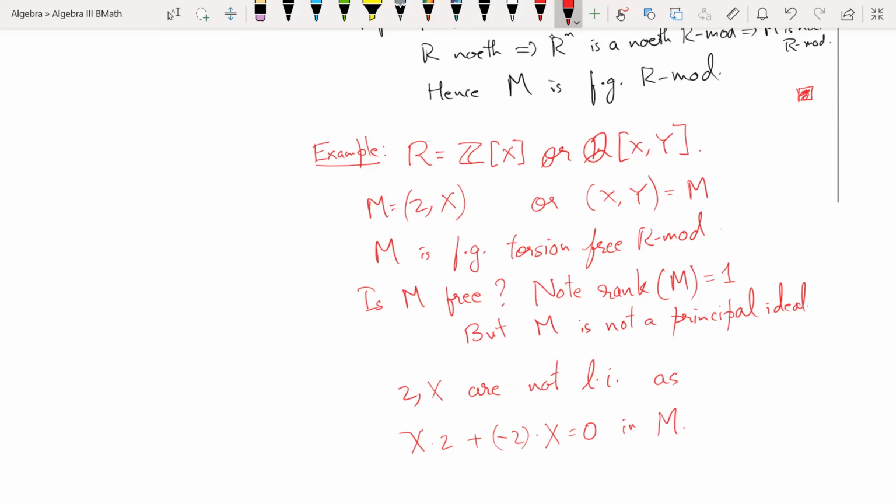So you can do this and say that they are not linearly independent. So you don't have to talk about rank at all. As long as you know that this is not a principal ideal, which we have checked, that's how we proved that this is not a PID. Okay, any questions?